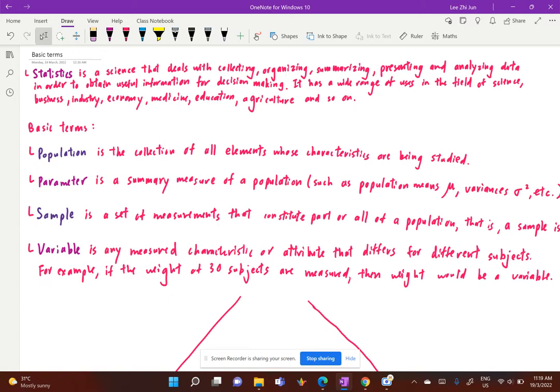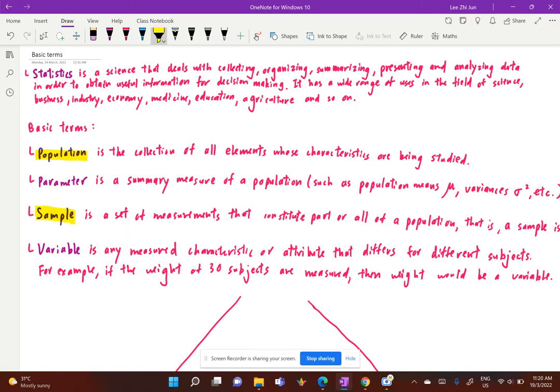Because I don't know whether these basic terms will come out in the exam or not, I will just explain them. Usually, the population and sample will be asked together because they have some relationship between them. It will ask you to identify whether a condition is a population or a sample. Population is the collection of all elements whose characteristics are being studied.